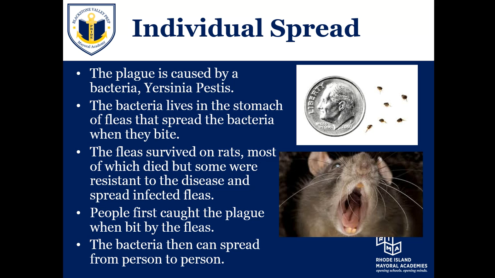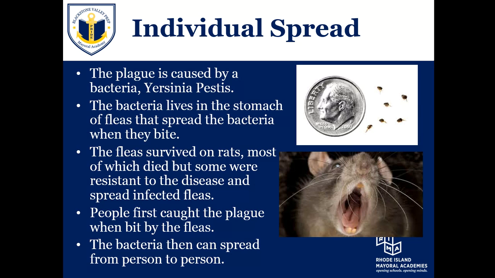But usually if you've got this disease resistance, you're going to survive it, which is actually a problem. The disease, Yersinia pestis, needs that resistance because that's how it's going to travel. So some rats being resistant, some people being resistant is good for the bacteria.